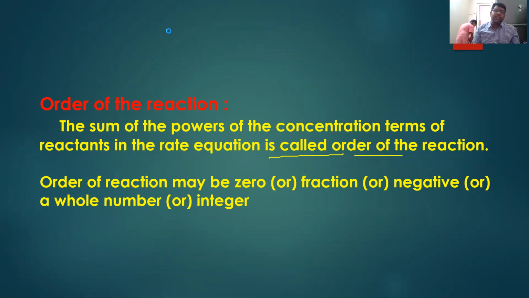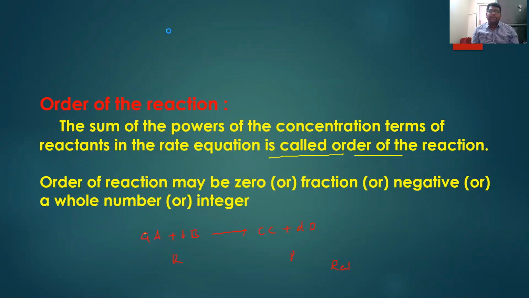For example, students, I am taking the general equation: aA plus bB gives rise to cC plus dD. This is reactant, this is product. How to represent the order of reaction? The sum of powers of concentration terms.